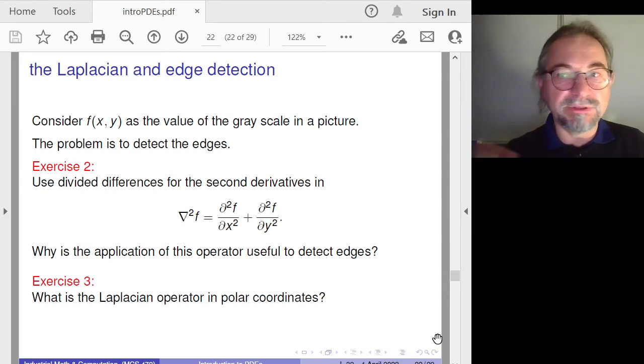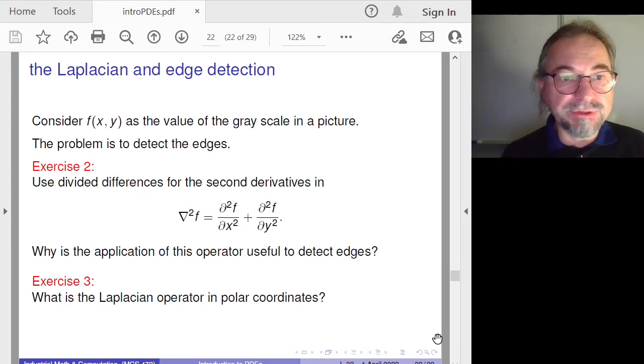This is what an edge is, the difference between two levels of grayscales. The Laplacian will actually pick that up. So applying this Laplacian operator to an image is one way you could detect the edges.